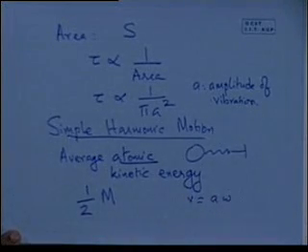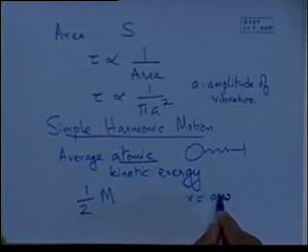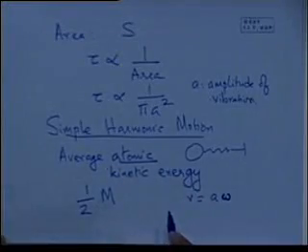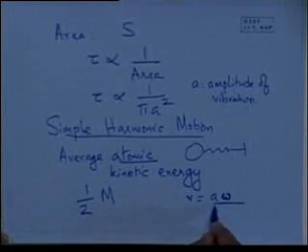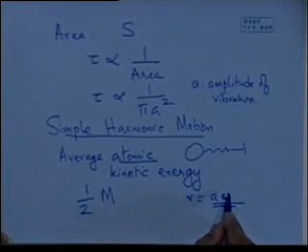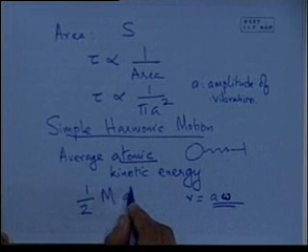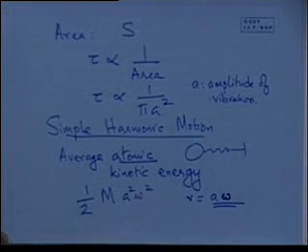Just an a omega term, a radial frequency, right? Because it is in simple harmonic motion, back and forth. So v in this half m v squared term is the radius times omega. So what we get there is a squared omega squared, where omega is equal to 2 pi f, the frequency of vibration for simple harmonic motion.